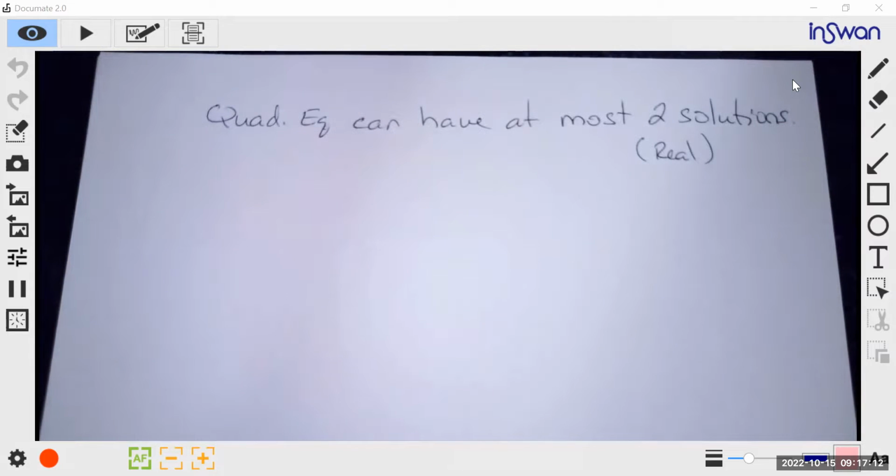By real, I mean that they're from the real numbers. They're either going to be decimals, fractions, or integers.